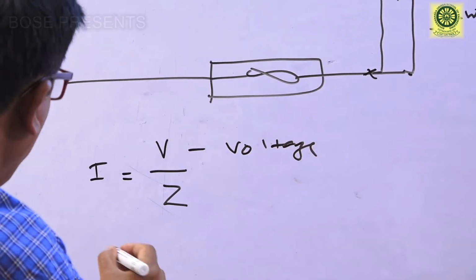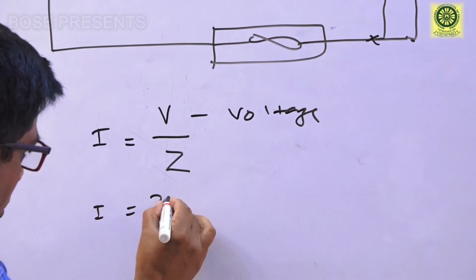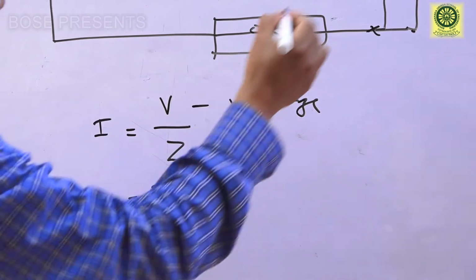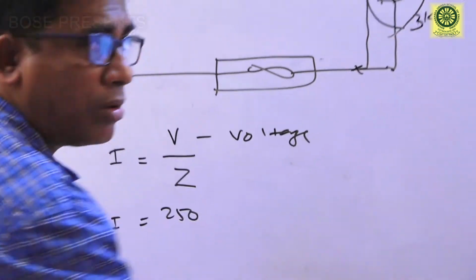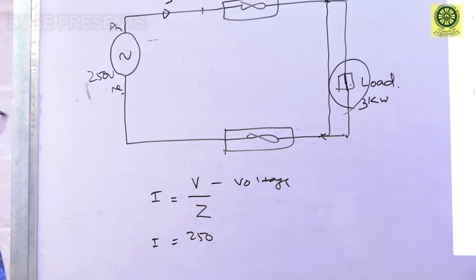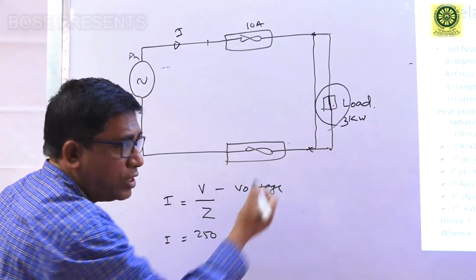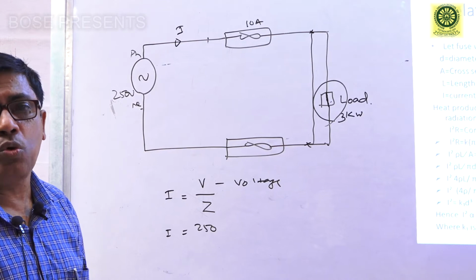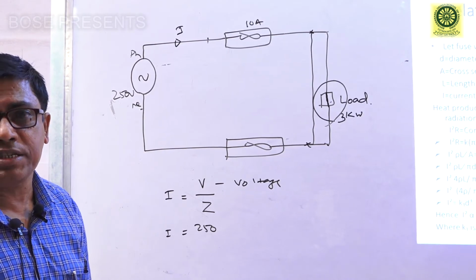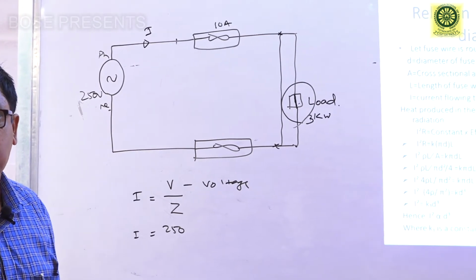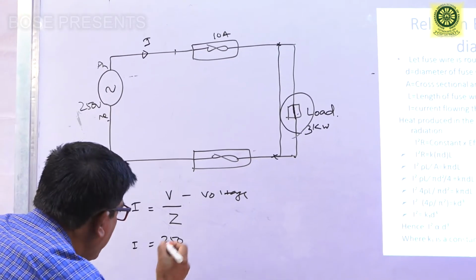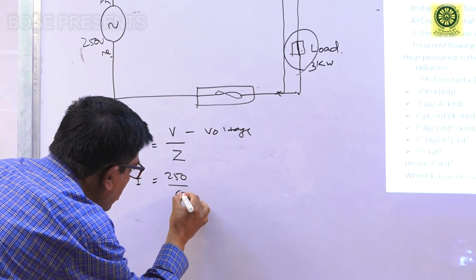What is the voltage? Voltage is equal to 250 volt. Then what is Z? Now this is the impedance of the load. When this is short circuited, what is the meaning of short? Actually directly connected. The load is not offering any resistance, inductance or capacitance, directly offering zero resistance. Or you can write that Z is equal to 0, nearly 0.